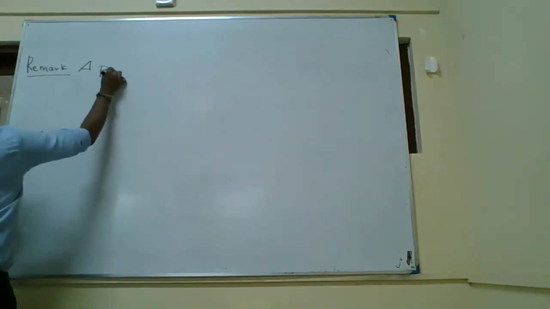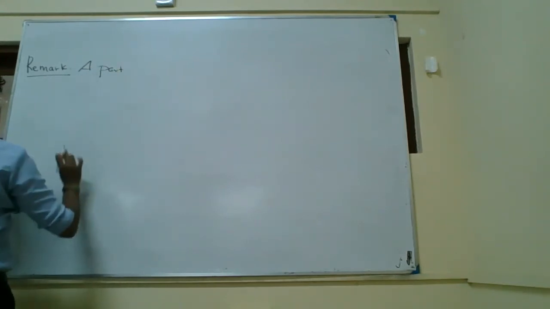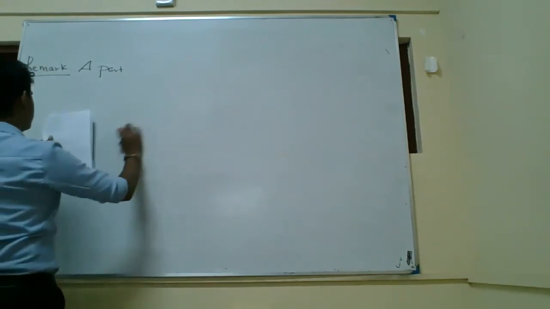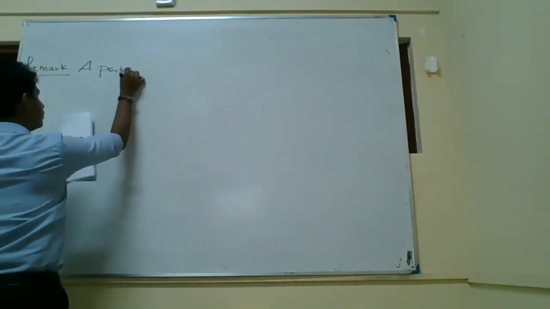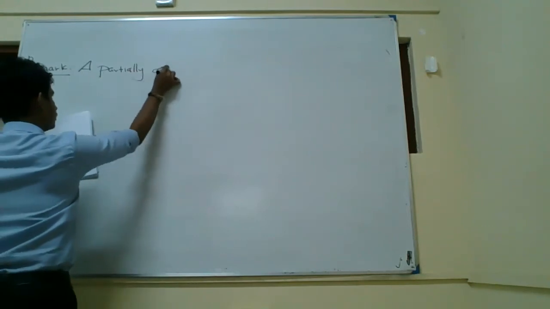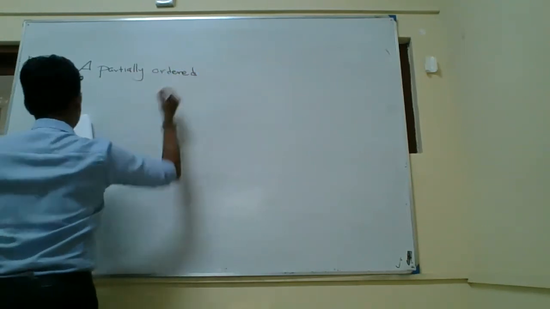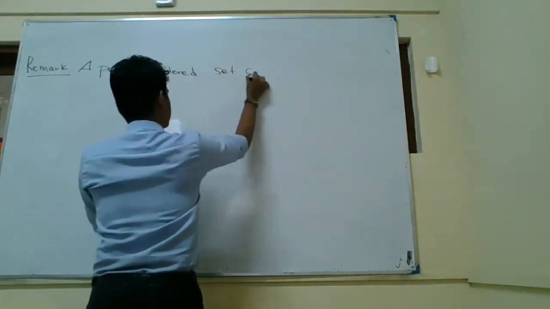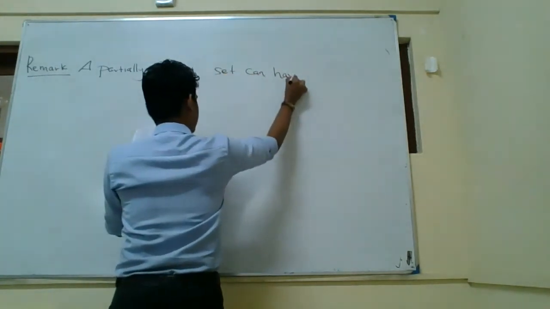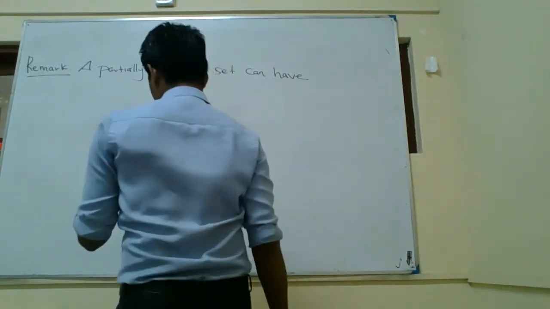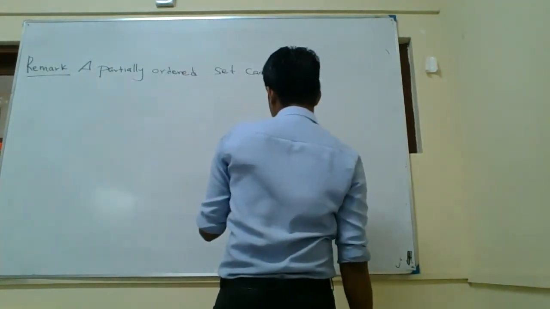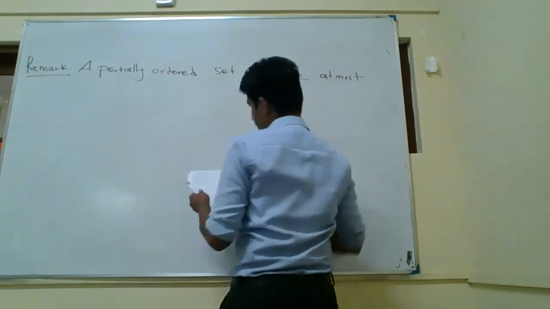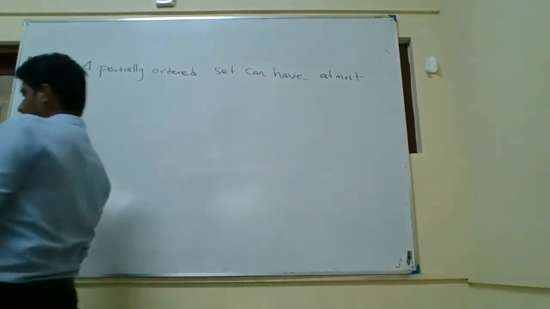I already mentioned that the first element and last element are unique. We remark that a partially ordered set can have at most one first element.